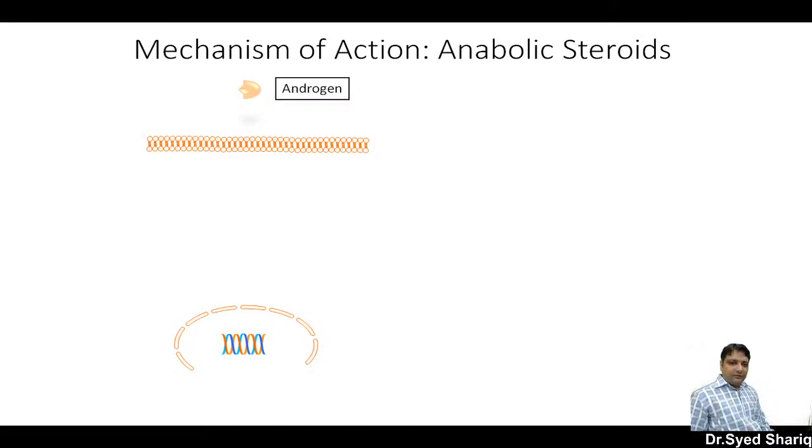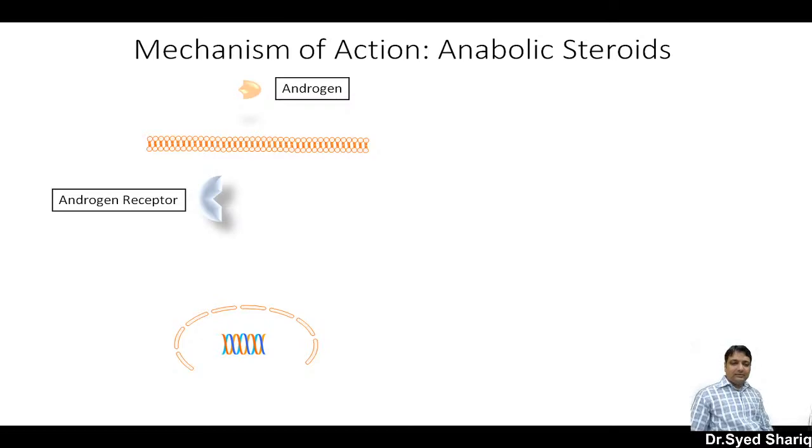If you recall from your general pharmacology classes, take this as an androgen or an anabolic steroid, and it has to go inside the cell. The receptors for these steroids are intracellular receptors, so it has to go inside the cell.